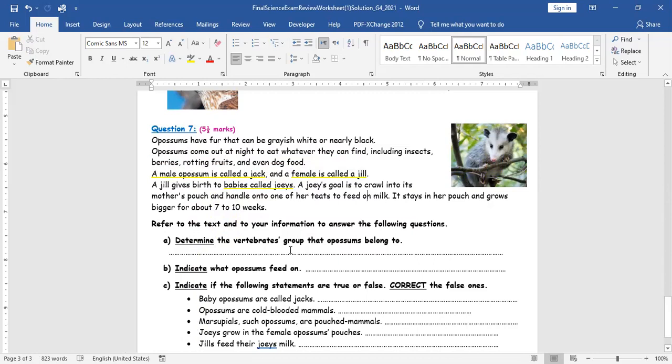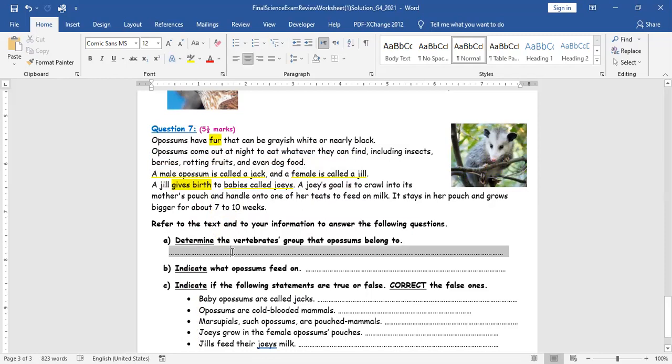Which vertebrate group do opossums belong to? We said that there are 5 vertebrate groups: fish, amphibians, reptiles, birds and mammals. Opossums have fur. Opossums give birth.